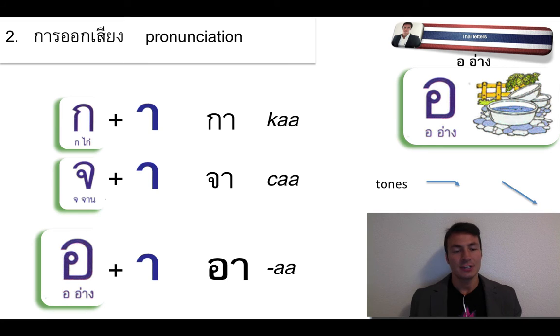So basically it starts with a and then of course another symbol follows, but that doesn't matter. Okay, this is just for you to know or to grasp the idea that ang is a silent consonant.